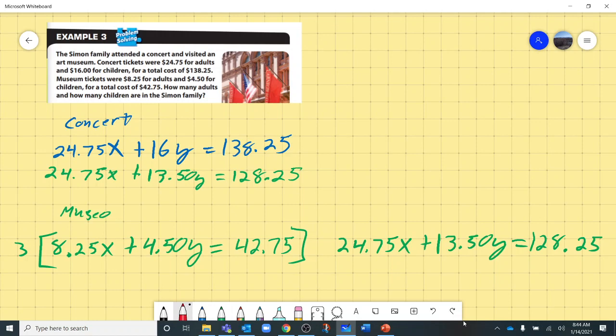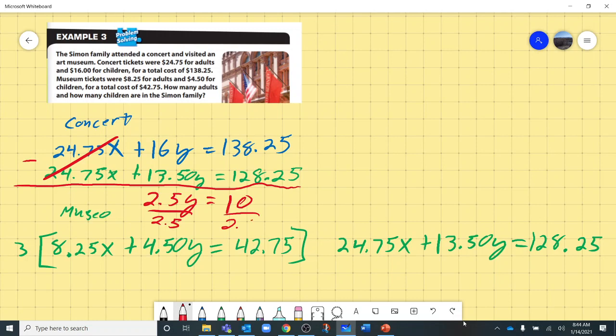And when we do our subtraction, those x terms are going to cancel. 16 minus 13.50 is 2.5. So we have 2.5y. And 138.25 minus 128.25, how nice that those worked out that way, is 10. So how many times does 2.5 go into 10? We're going to divide both sides by 2.5, and y equals 4.